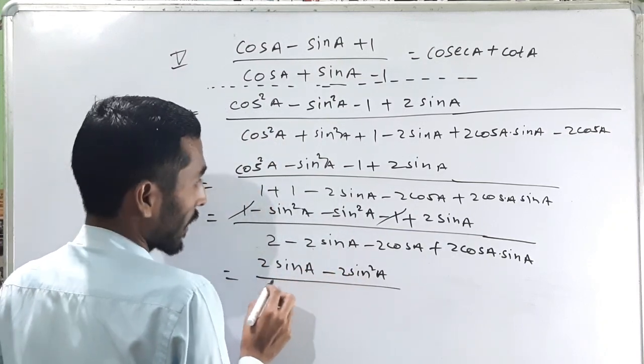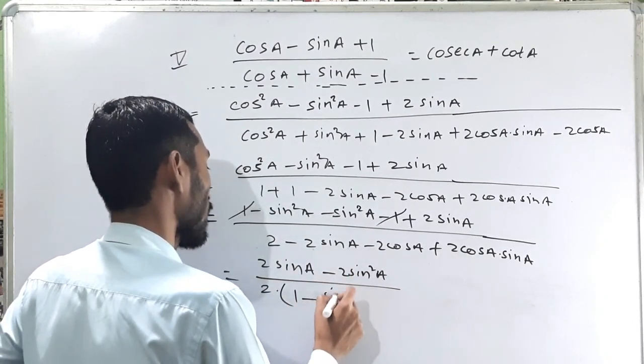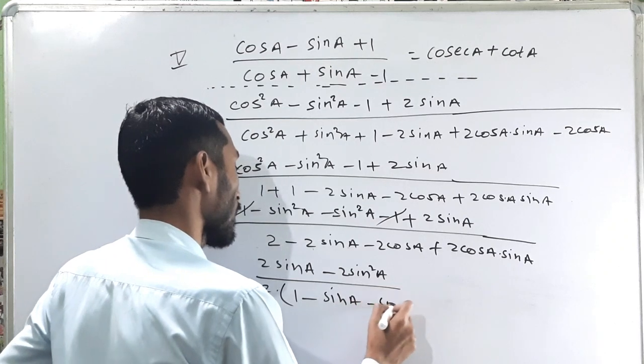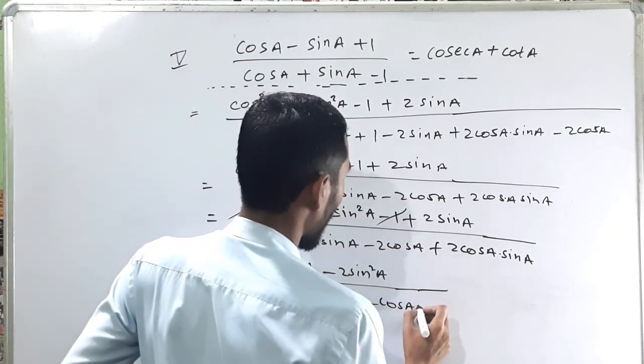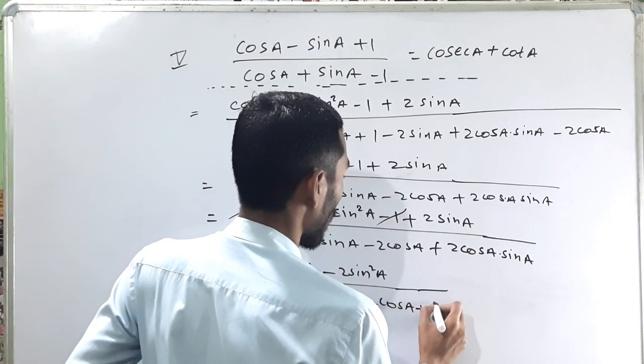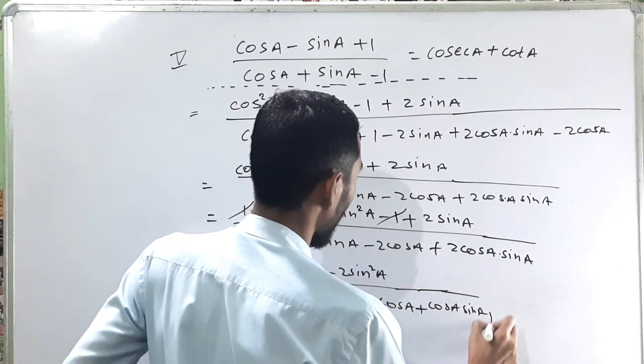At first we write 1 minus sin a cos a and plus cos a sin a.